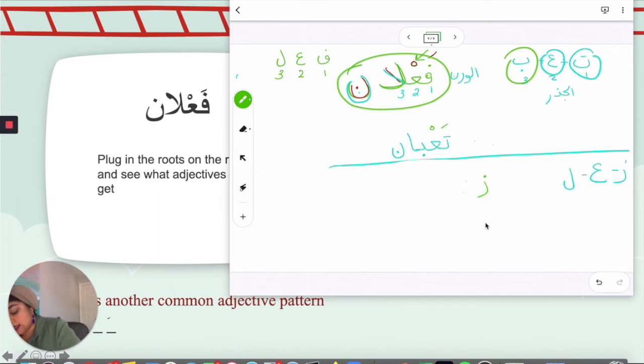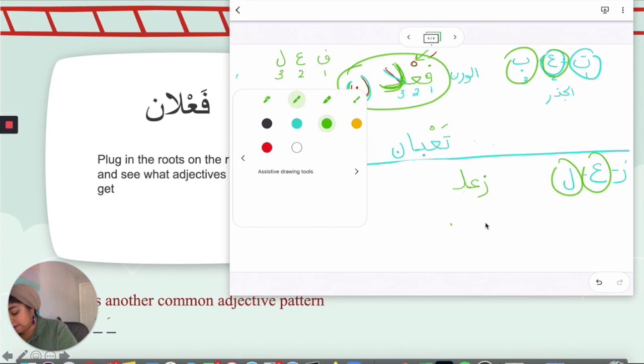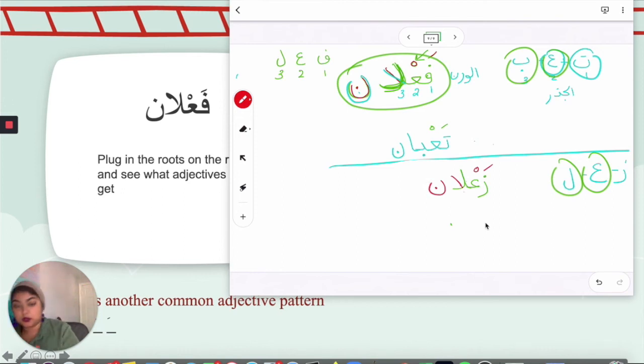We're going to put the zay, and follow it with the second root letter, ayn, which is the same thing. The third root letter is a lam, and here the third root letter is a lam, so it stays the same. You're just replacing it with itself. And everything else is additional: fatha, sukun, alif, nun. So what's the word? Za'alan. Za'alan meaning upset.